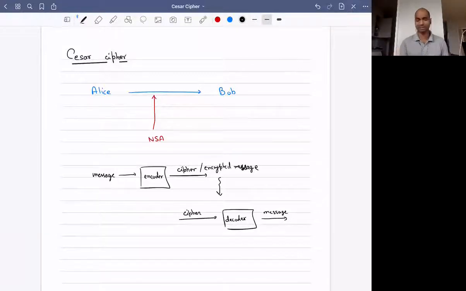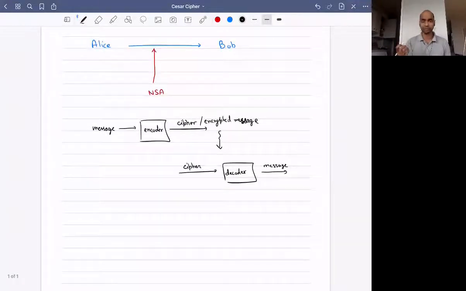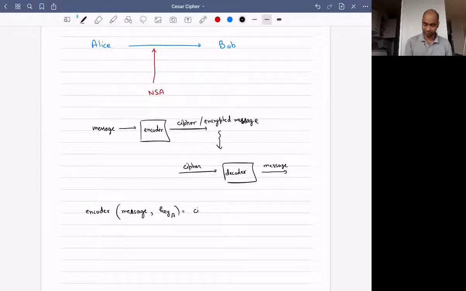Usually the encoders and decoders are slightly more involved in that they usually input a key. So an encoder takes two inputs. It takes the message as the input, but it also takes the key that Alice has. Let's call this key A. And then the output is the cipher. And the decoder takes as input the cipher and a key that Bob has and produces the original message.